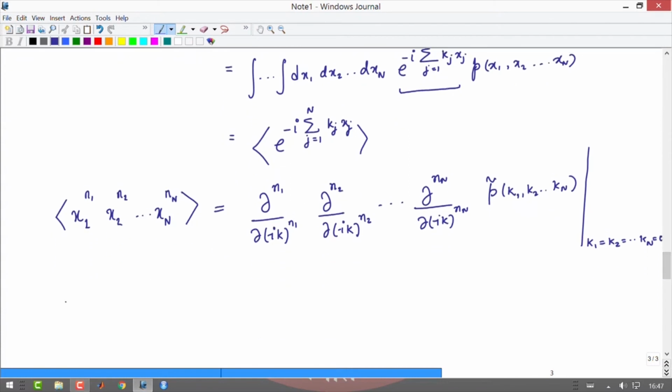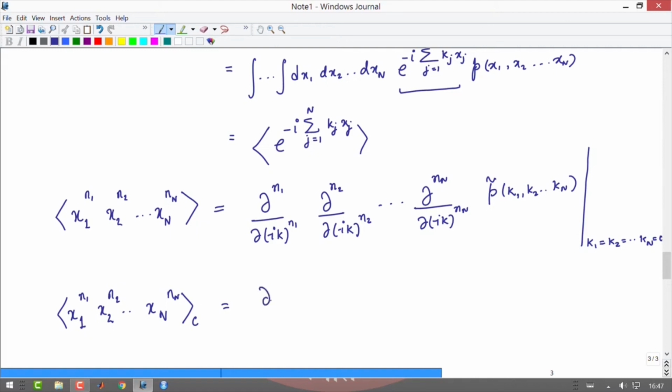Or if you want these joint cumulants, then you need the cumulant generating function, and the procedure is the same.